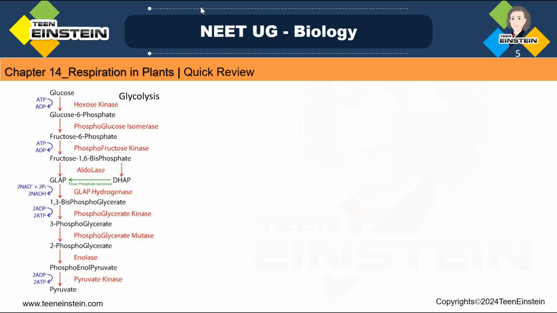Here also, the Krebs cycle, we said it is occurring in the mitochondrial matrix. Krebs cycle is taking place in the mitochondrial matrix. So here the acetyl coenzyme A is getting utilized, and finally it is forming oxaloacetate.